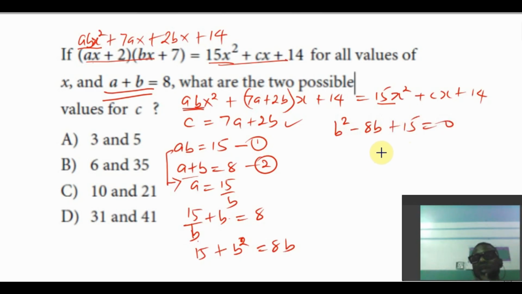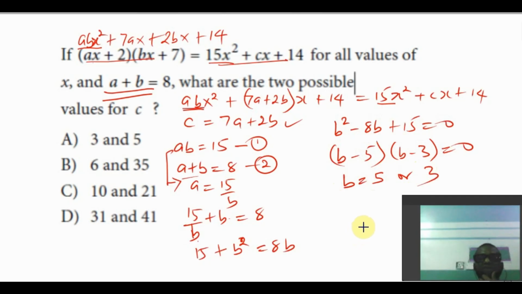If you factorize this, we are going to have b minus 5 into b minus 3 is equal to 0. It means that my b is equal to 5 or 3. Remember that a is equal to 15 over b, which means that a will either be 3 or 5.